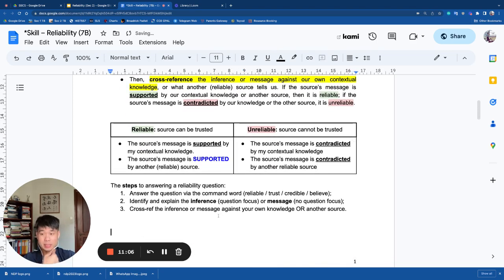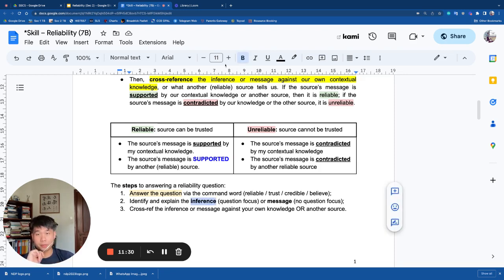The basic steps in answering reliability: always ATQ using the command word. So if the question is source A reliable? You should respond source A is reliable or source A is not reliable. If the question is do you trust source A? Similarly, I trust source A, I do not trust source A. Do not change the command word.